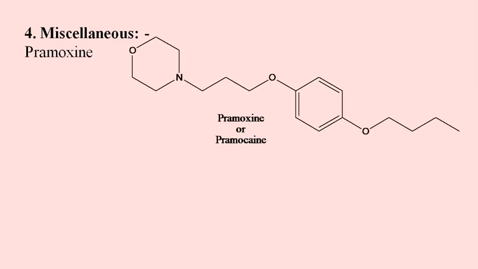Next, miscellaneous. First, pramoxine. Here you can see pramoxine. It is having a benzene ring in here, and on this benzene ring at one position it is having a butoxy group here, 1 carbon, 2 carbon, 3 carbon, 4 carbon, and oxygen, butoxy group.